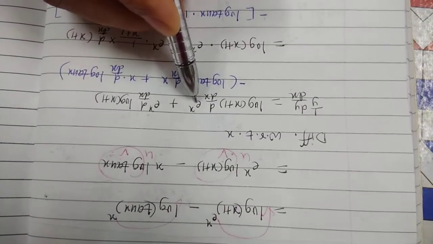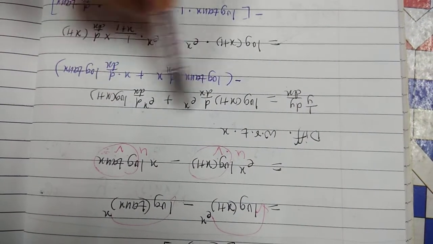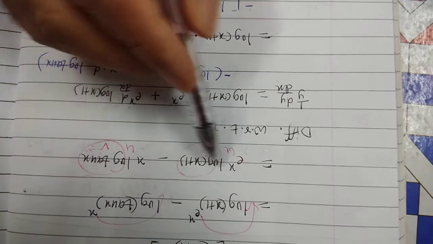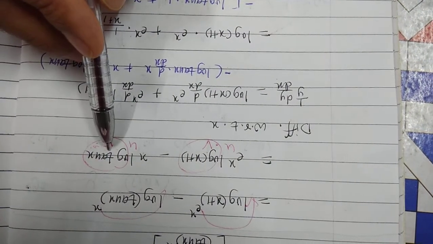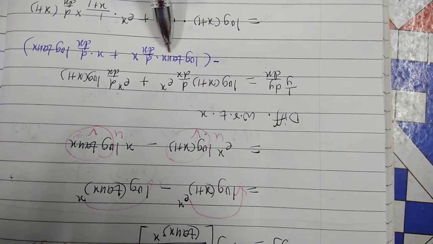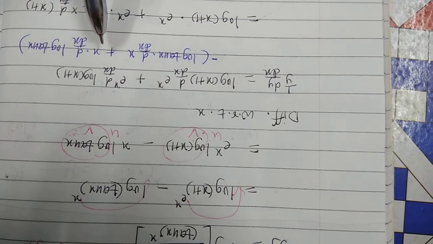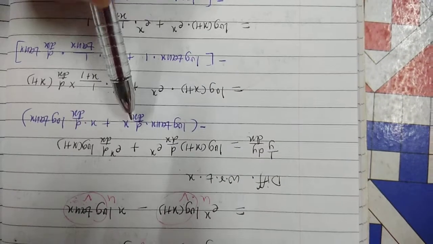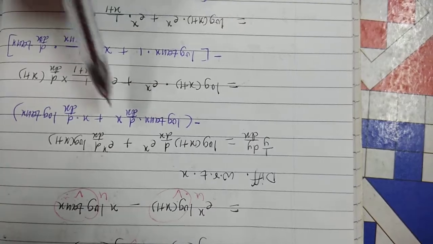Using the uv property we have written this. This is for our first part. Minus, for the second part, this is u and this is v: log of tan x multiplied by the derivative of x, plus x multiplied by the derivative of log of tan x. Here you should note that twice we have used the uv formula.